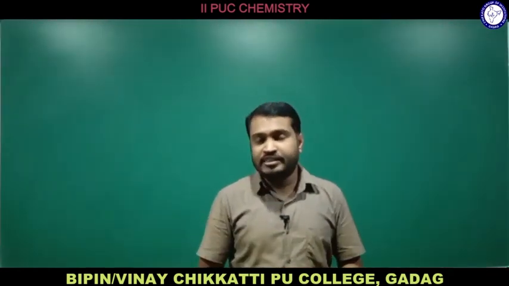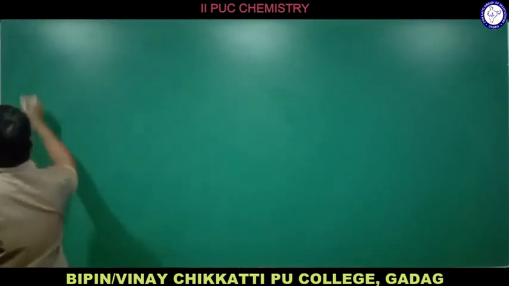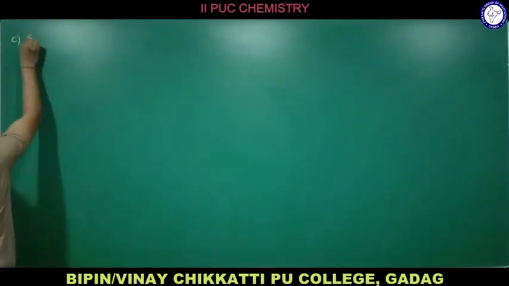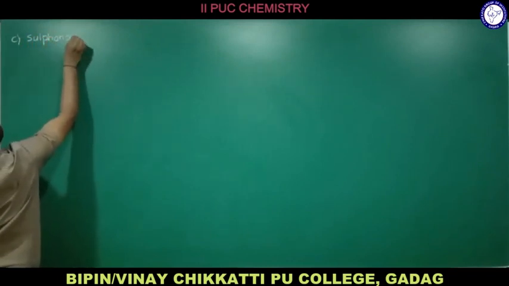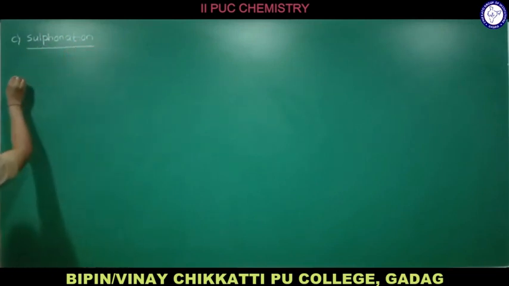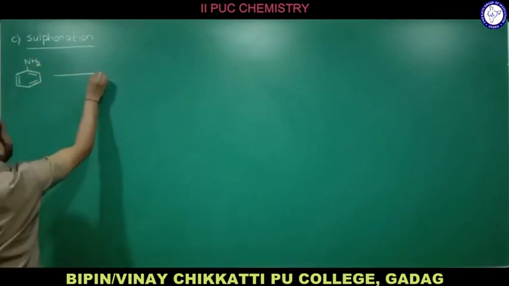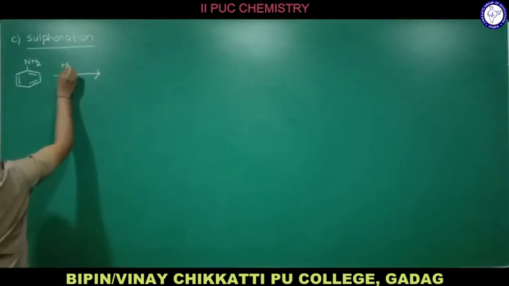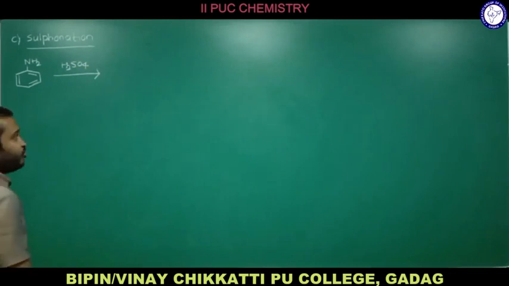The third electrophilic substitution reaction is sulfonation. We'll see about that. The third one I am going to talk about is sulfonation of aniline. Aniline I consider first. When aniline reacts with concentrated H2SO4, we know for sulfonation we need to consider concentrated H2SO4.